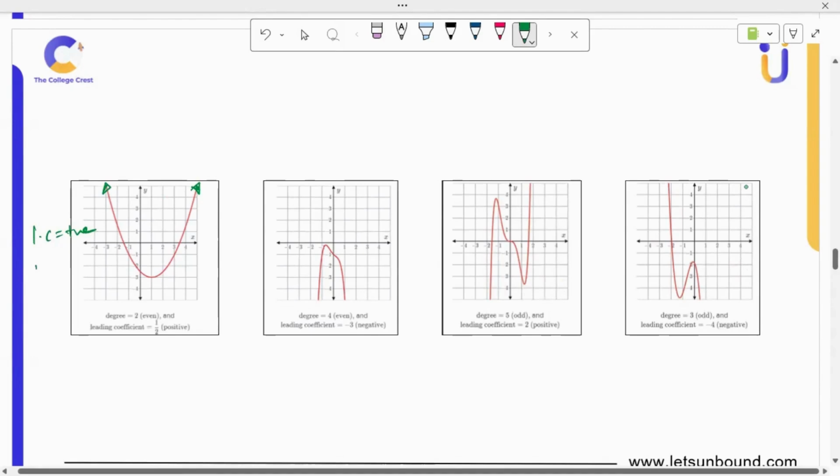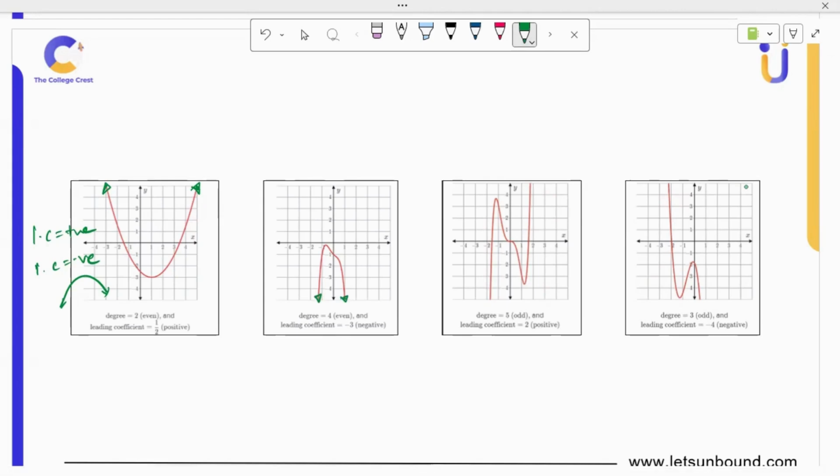That is 2x squared, it faces upwards. If your leading coefficient is negative, it will look down, right? Negative 2x squared, it will look down. Then one more even degree polynomial you see. Even degree polynomials either have both ends pointing up like this or both looking down. So this is one thing.